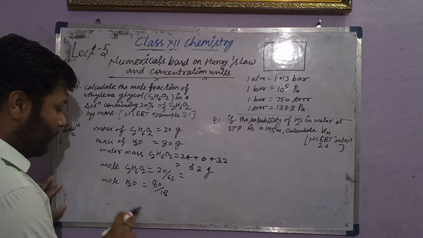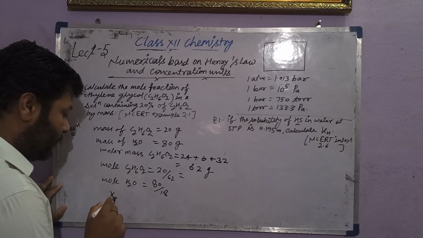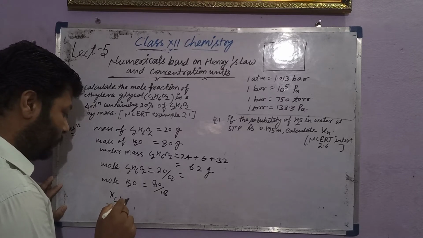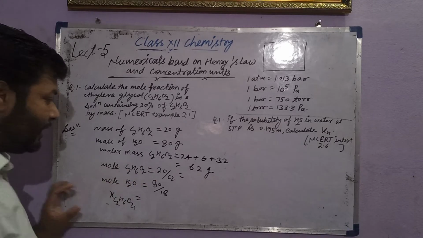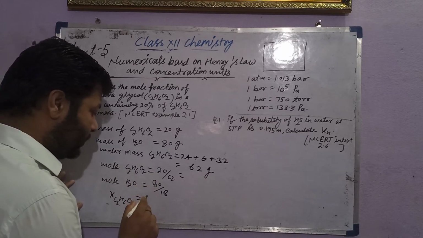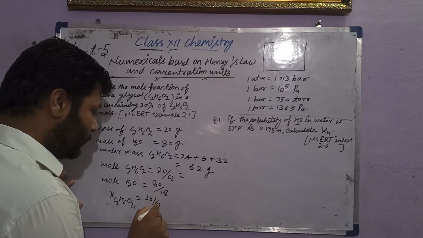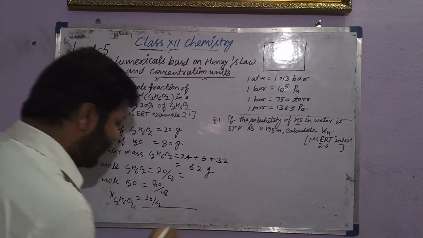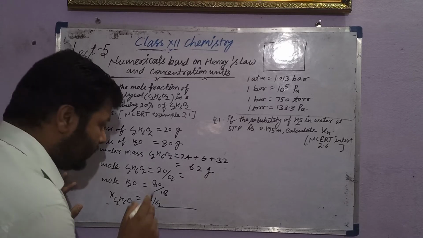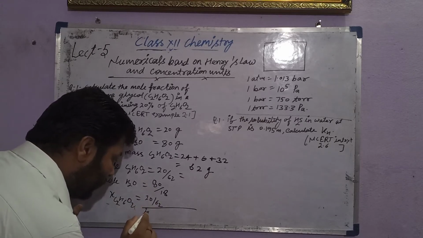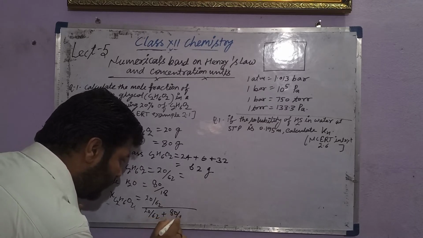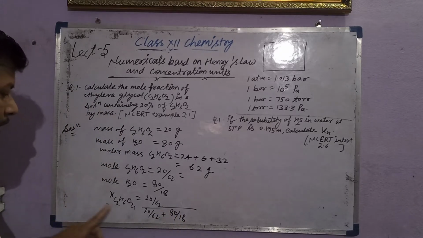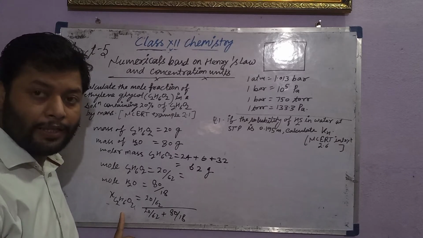So mole fraction of ethylene glycol C2H6O2 will be mole of ethylene glycol, that is 20 out of 62, upon mole of solution. So mole of solution will be mole of solute plus mole of solvent. That will give you the mole fraction of ethylene glycol.